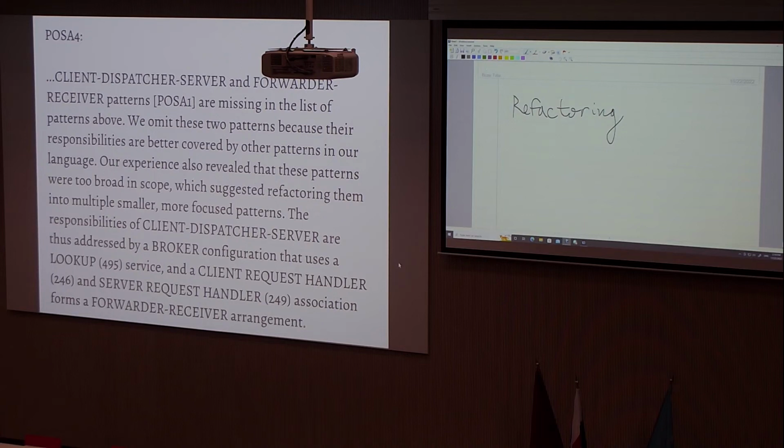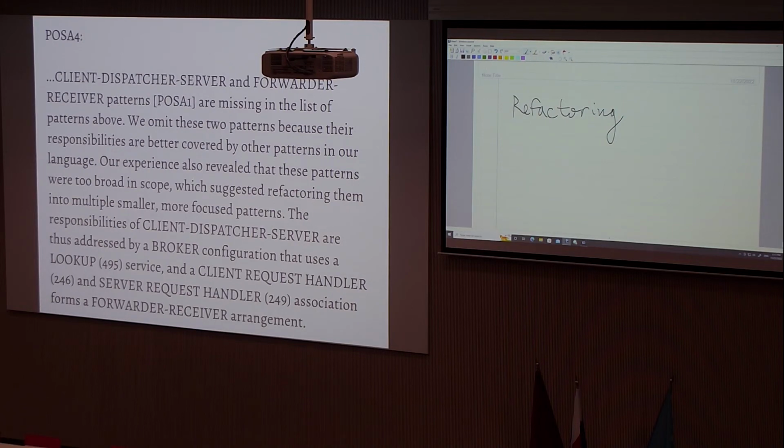What Bushman and colleagues say here is that they're explaining how in POSA 1 there were some patterns missing there, or actually existing there, but then they were omitted because they are better covered by other patterns, and they also revealed that these patterns were too broad in scope, which suggested refactoring the patterns into multiple smaller, more focused patterns.